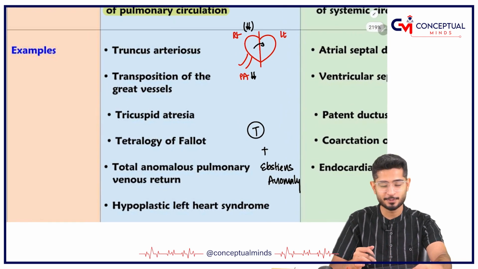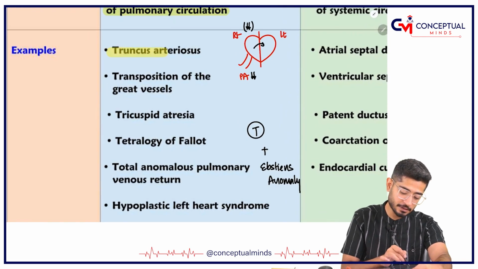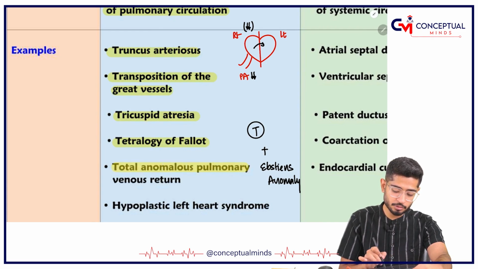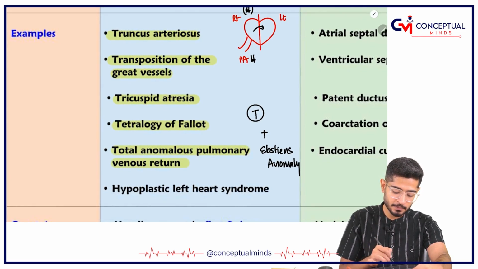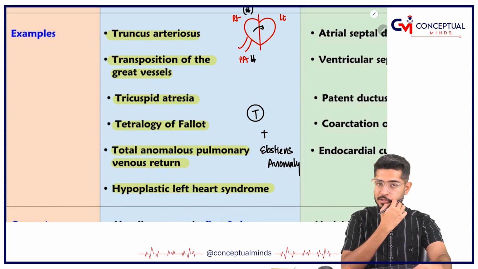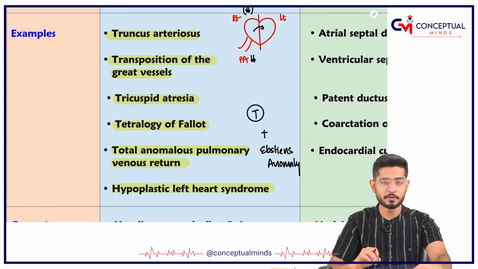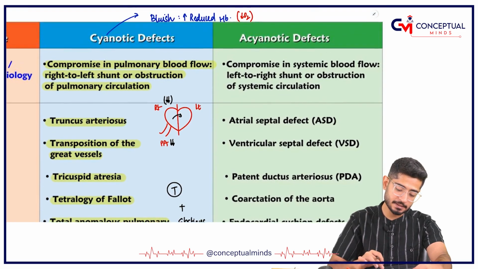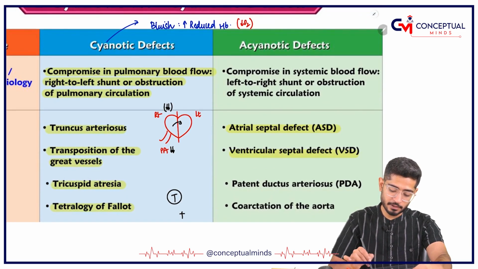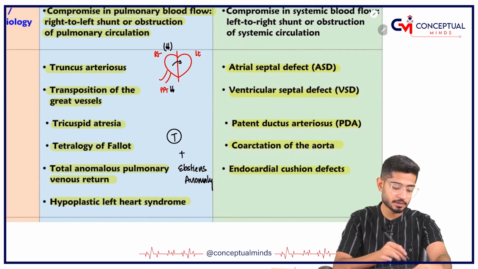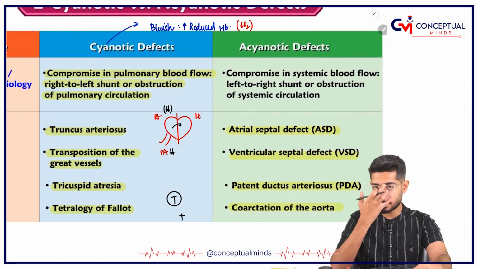Truncus arteriosus, transposition of great vessels, tricuspid atresia, tetralogy of Fallot, total anomalous pulmonary venous return, and hypoplastic left heart syndrome is also one of the causes responsible for cyanotic heart disease. And all the other diseases, atrial septal defect, ventricular septal defect, patent ductus arteriosus, coarctation of aorta, endocardial cushion defect, are the acyanotic defects.